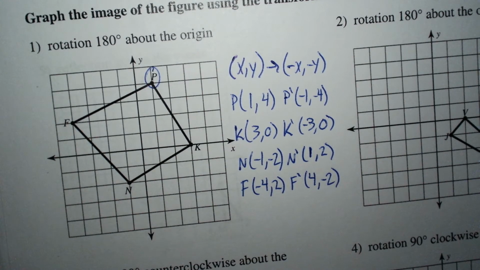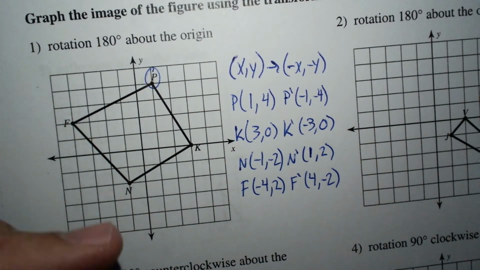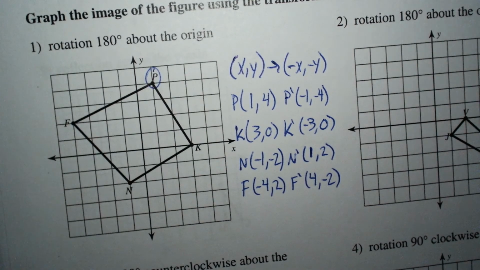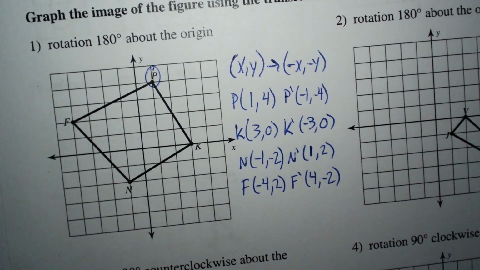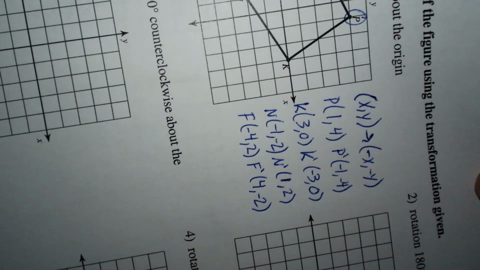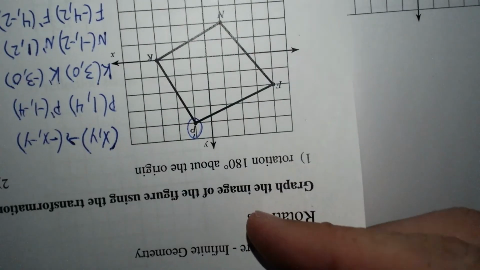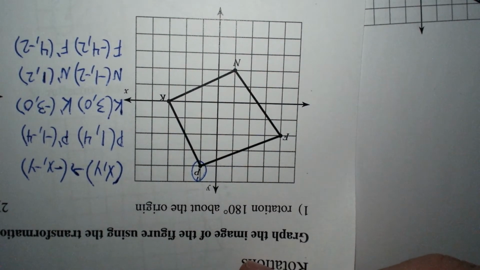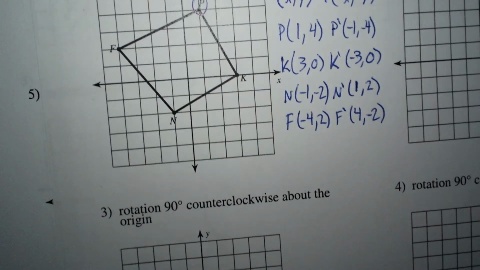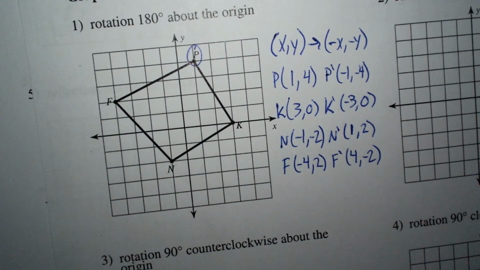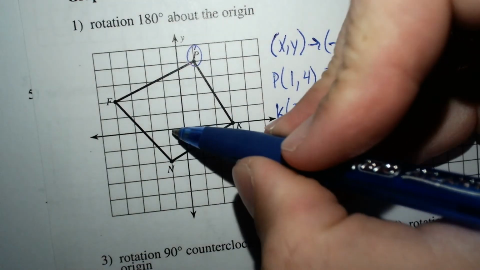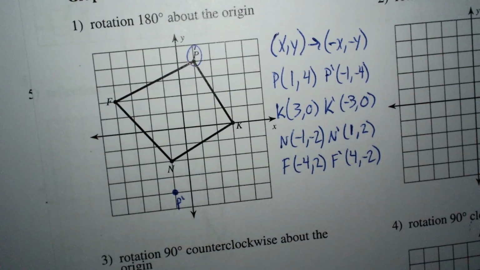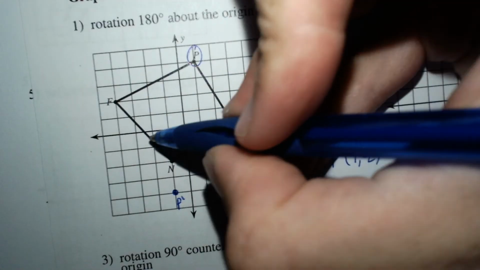Okay, 180 degrees, we've talked about the degrees in terms of kind of clicks before, with each click being 90 degrees. Okay, 180 degrees is going to make it go from there to there's 90, to there's 180. So that's what my shape's going to end up looking like, except my paper's going to be facing this direction. So let's plot these new points. P prime, negative 1, negative 4. K prime, negative 3, 0.